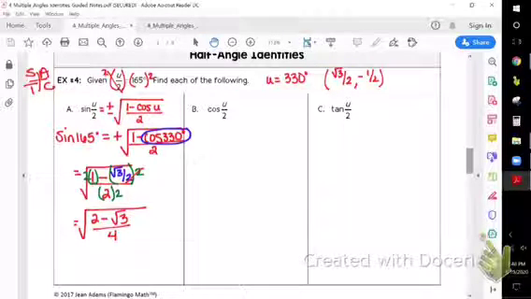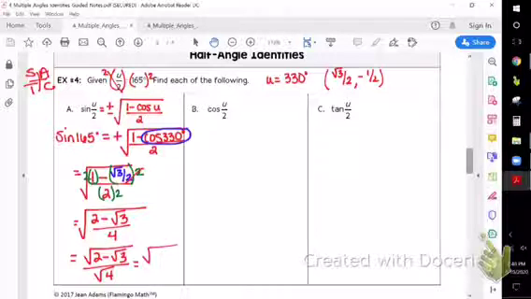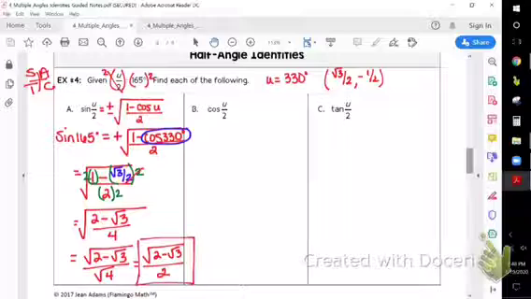But be careful, remember a fraction under a radical is the same as taking the square root of the top over the square root of the bottom. Now I know the numerator looks funny, a square root then a square root, but it's allowed. So you got the square root of 2 minus the square root of 3 in the numerator, all over the square root of 4, which is going to be 2. And so there is our solution for part A, for sine of 165 degrees.